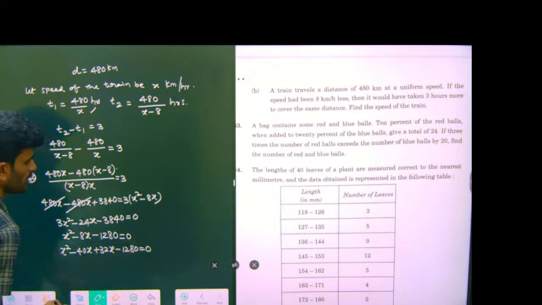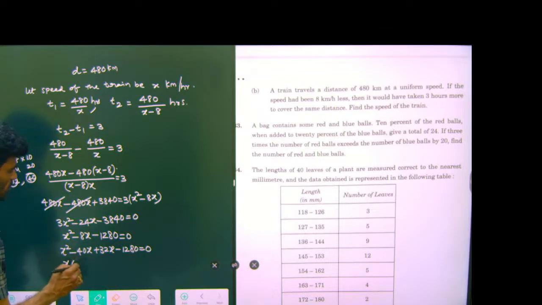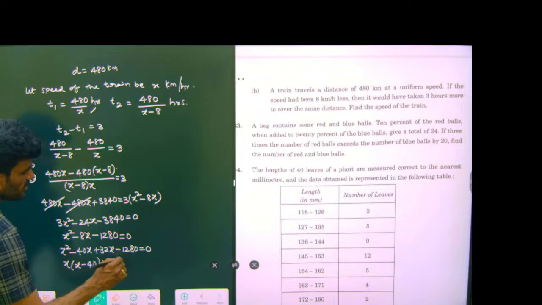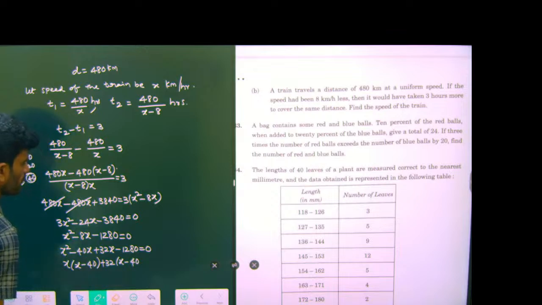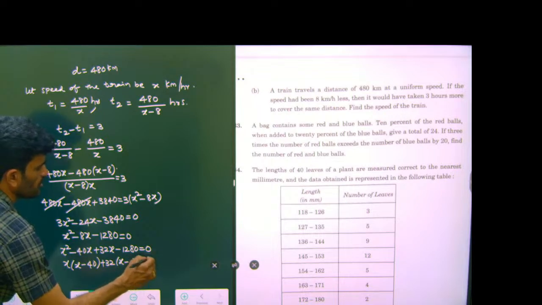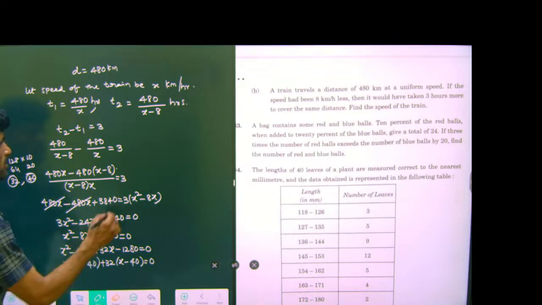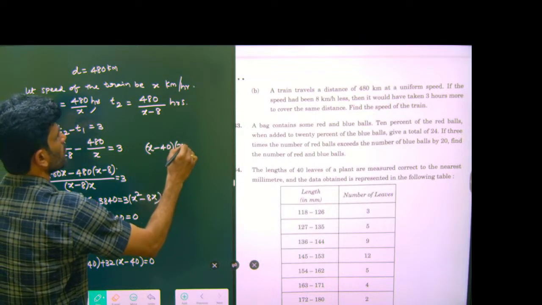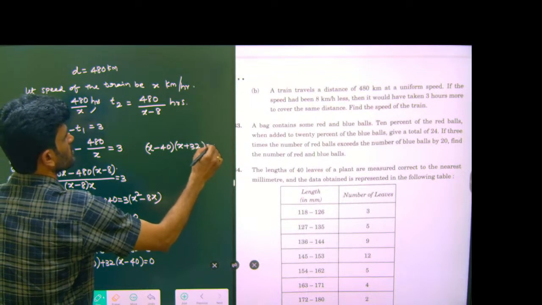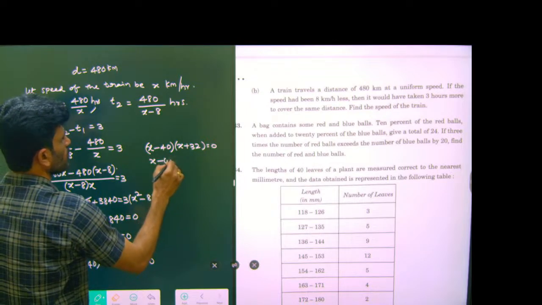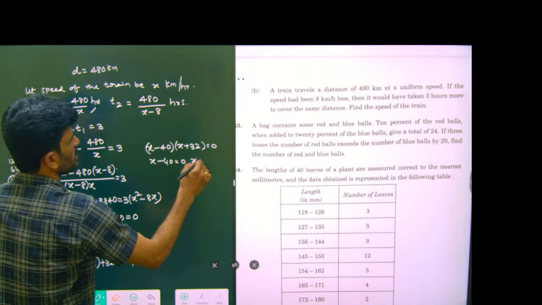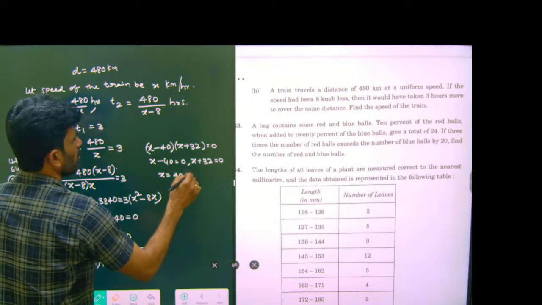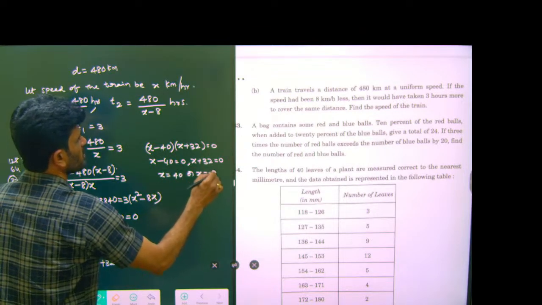Now x we have to take common. x into x minus 40 plus 32 into x minus 40 is equal to 0. Then what we get? x minus 40 into x plus 32 is equal to 0. So x minus 40 is equal to 0, x plus 32 is equal to 0. So we get x is equal to 40 or x is equal to minus 32.